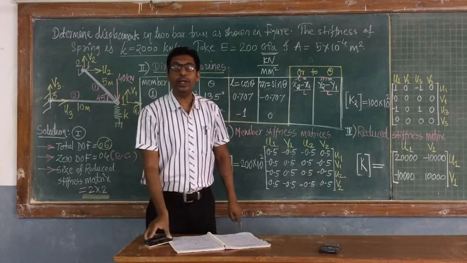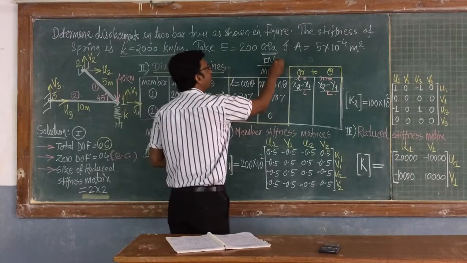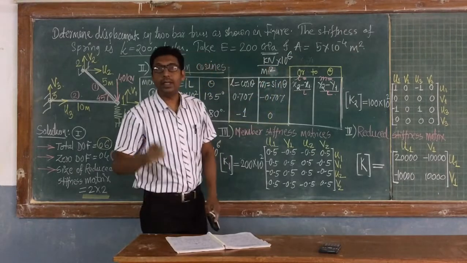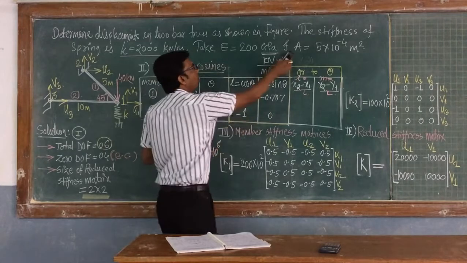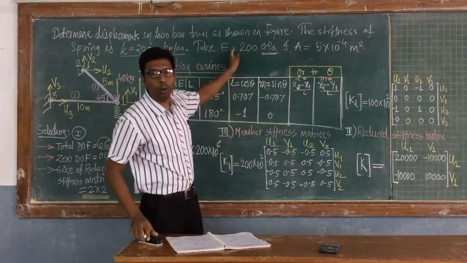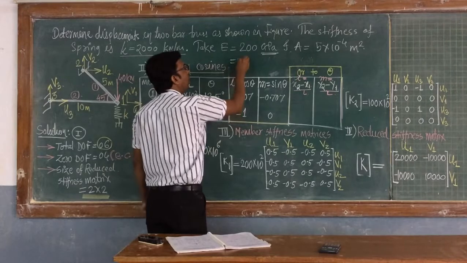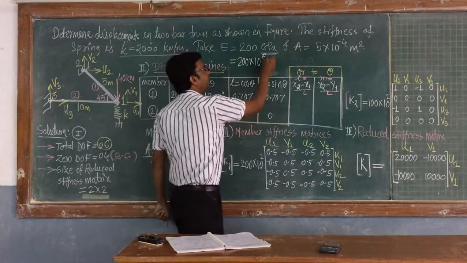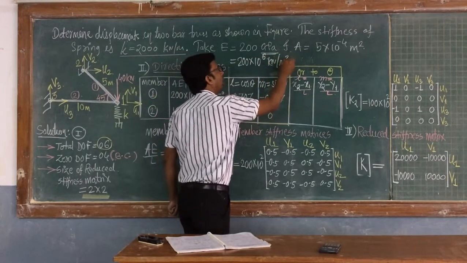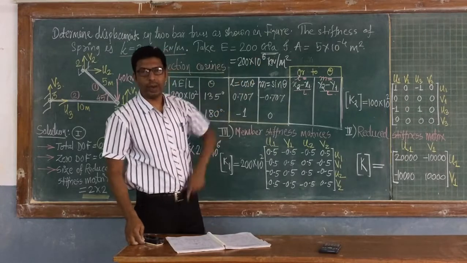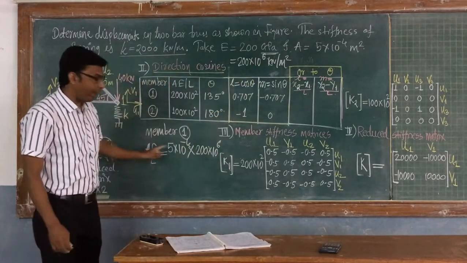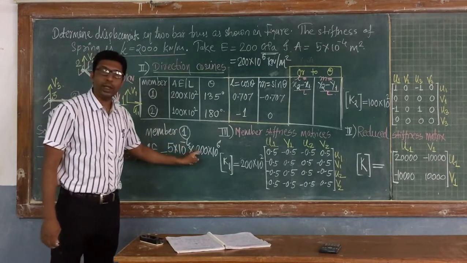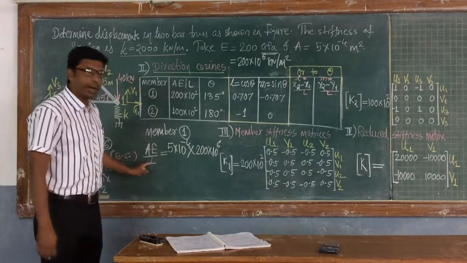If you want to convert it into meter square, then we have to multiply by 10 raised to 6. It becomes meter square. So this E is equal to 200 into 10 raised to 6 kilonewton per meter square. So A by L for member 1, area is 5 into 10 raised to minus 4 into E, 200 into 10 raised to 6, divided by L.